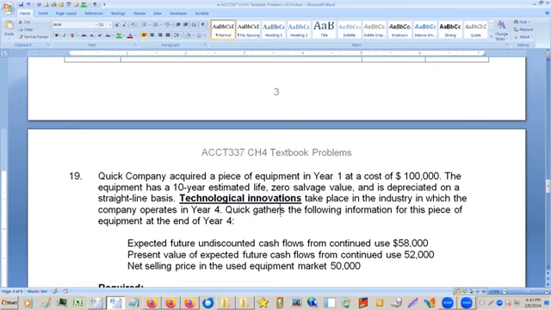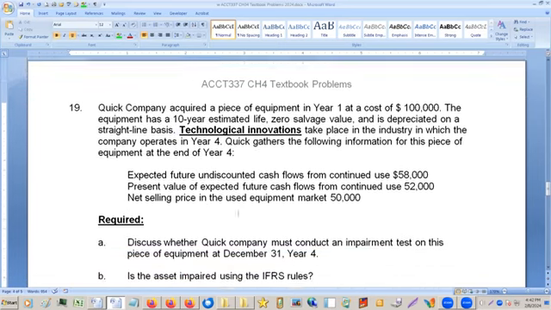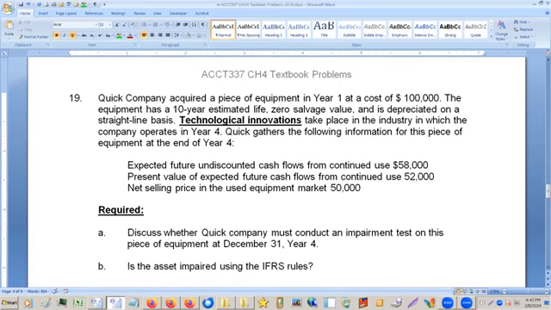Quick gathers the following information for this piece of equipment. So if something happens in the market, or in this case technologically, you are required to take a look at the asset. If things are going along normal and you're making your normal profits on it, there's not a problem. But in this case, we have technological innovations.